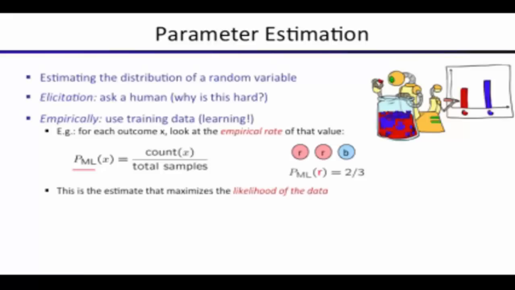So where does this come from mathematically? If we're trying to think of ways to do something less dumb, we want to look at why anyone would want to do this in the first place. It turns out that ML stands for maximum likelihood. Using the relative frequencies maximizes the likelihood of the data given the parameter. So what is that?